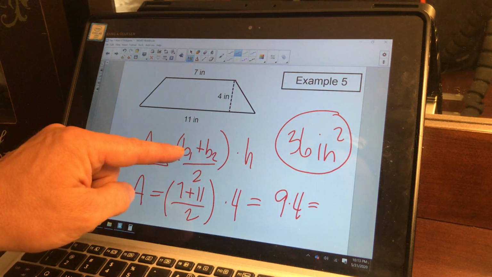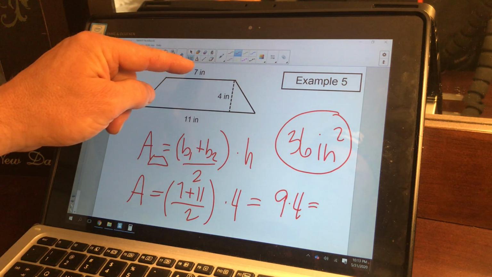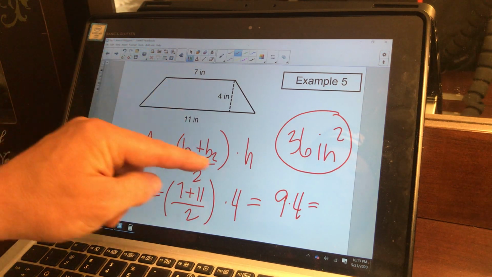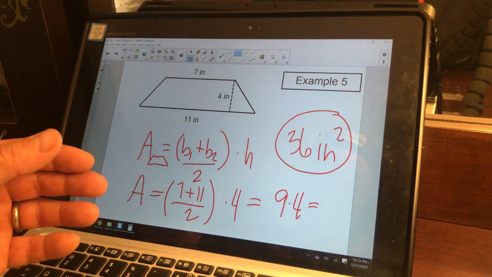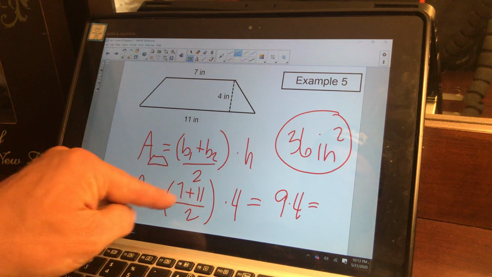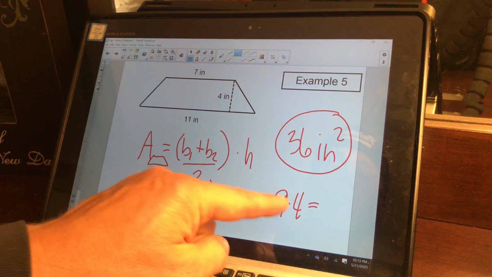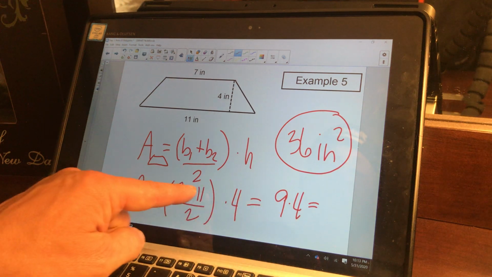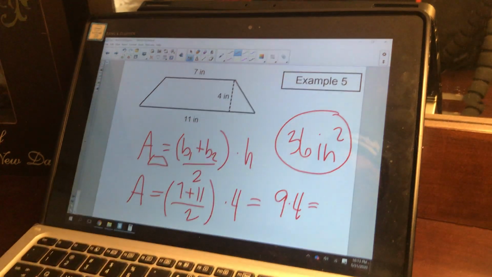It's base 1 plus base 2, 7 plus 11. Divide it by 2. So you're pretty much finding the average of the two sides. 7 plus 11 divided by 2 times the height of it, which was 4. 9, that came from adding, then dividing. 9 times 4, 36 inches squared.